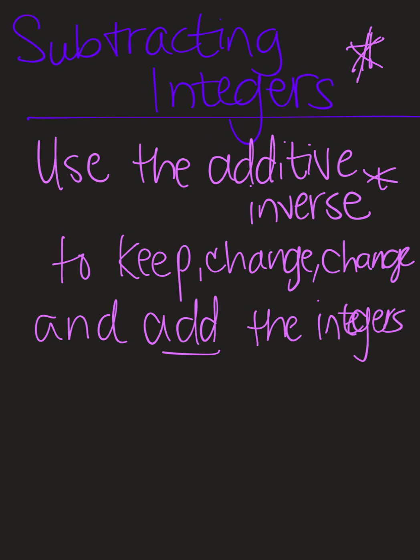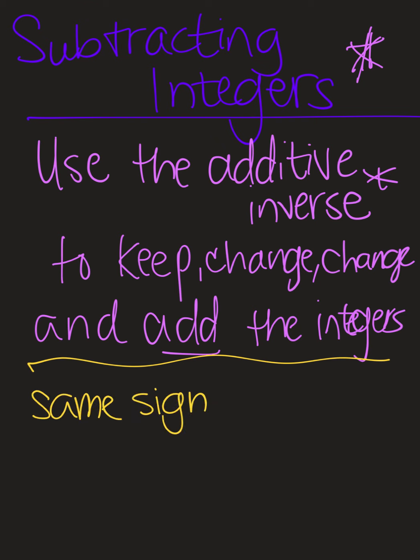So if you remember from the integer lesson, and I want you to write this down again, same sign, we add, keep the sign. So if it started off negative, we keep it negative. If they started off positive, we keep them positive.